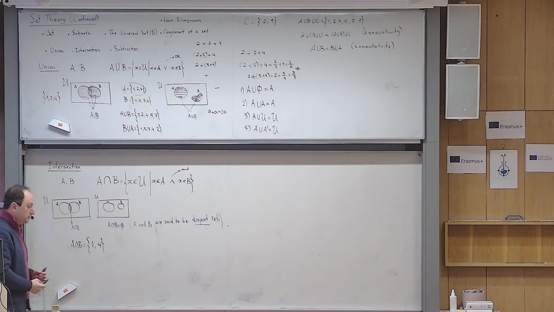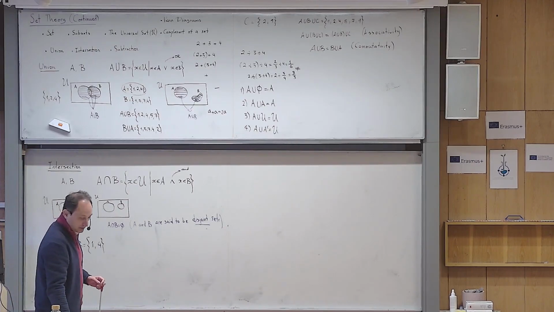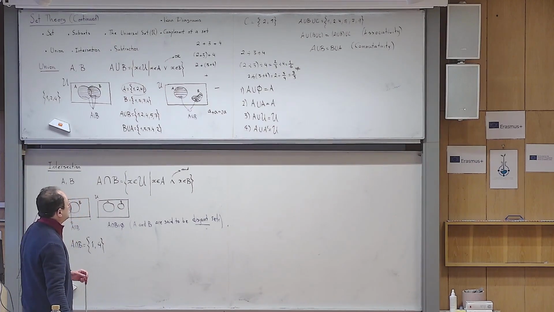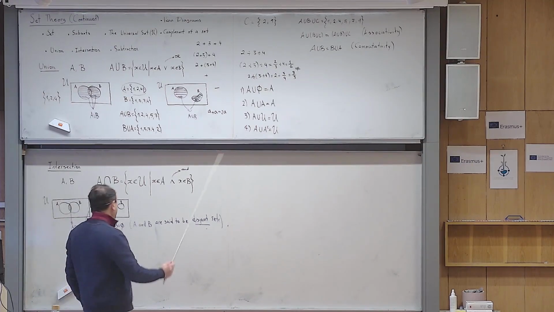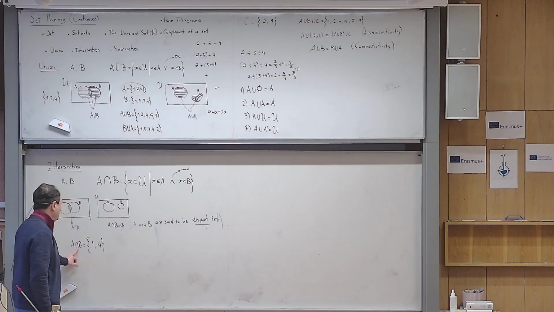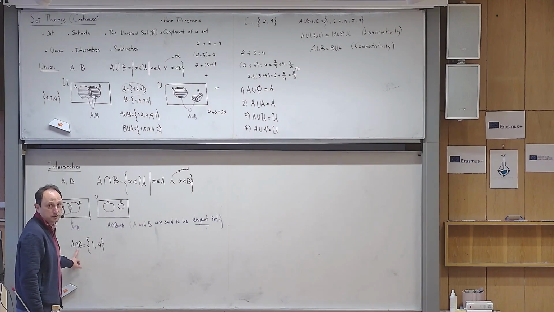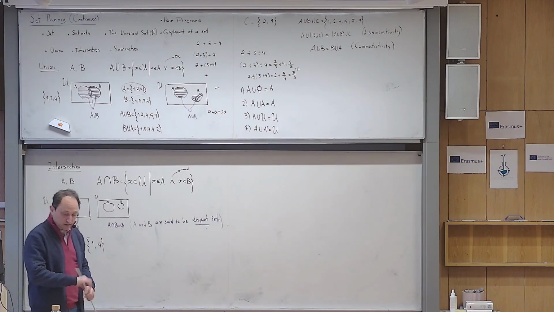Okay, so for example, let us solve an exercise here. Now, before doing that, let us also talk about that. What do you think in your idea? Do you think that the intersection operation is associative? What does this sentence mean?